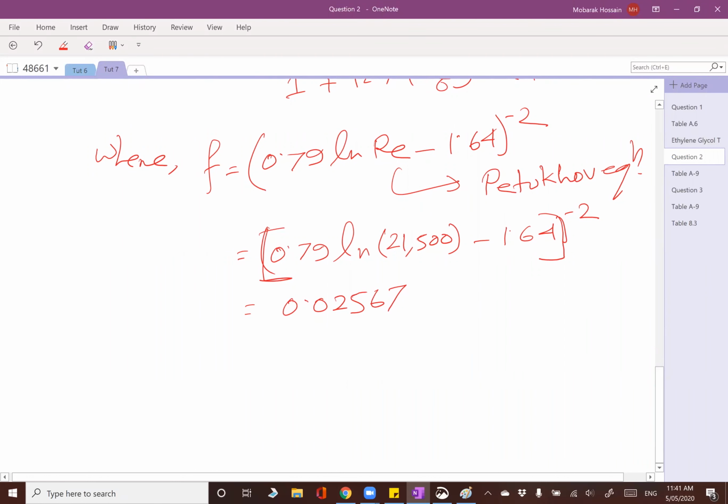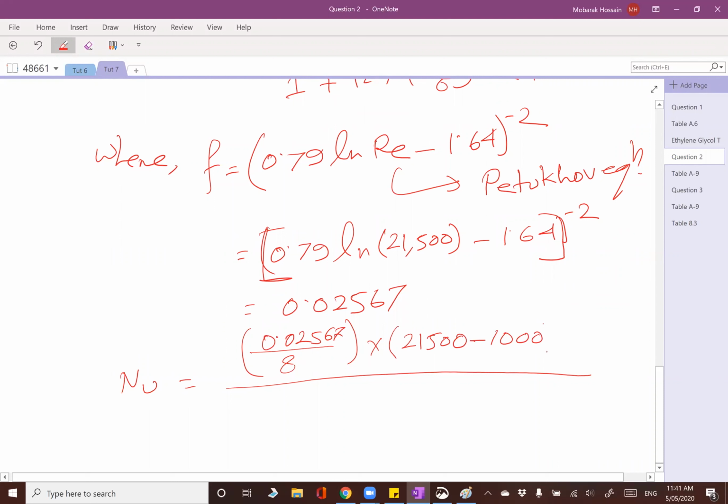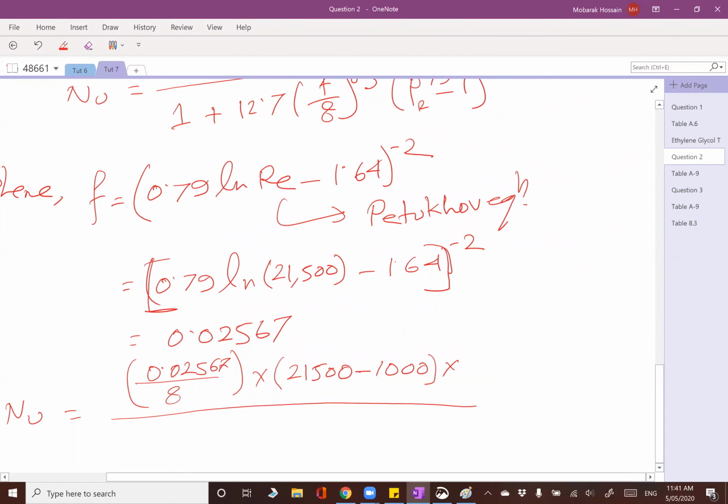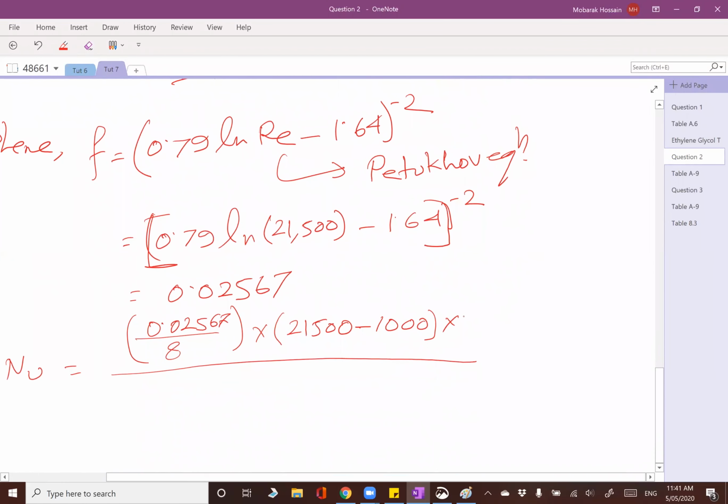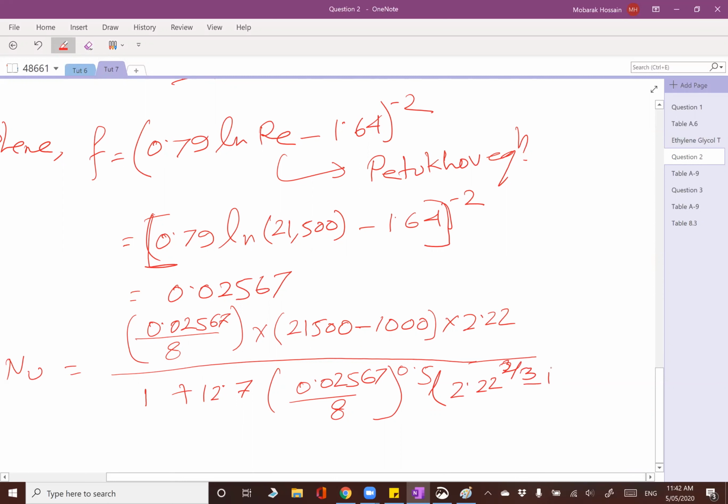Then we use this value in the Nusselt number equation: (0.02567/8) times (21,500 minus 1000) times the Prandtl number, say 2.22, and at the bottom 1 plus 12.7 times (0.02567/8)^0.5 times (2.22^(2/3) minus 1).